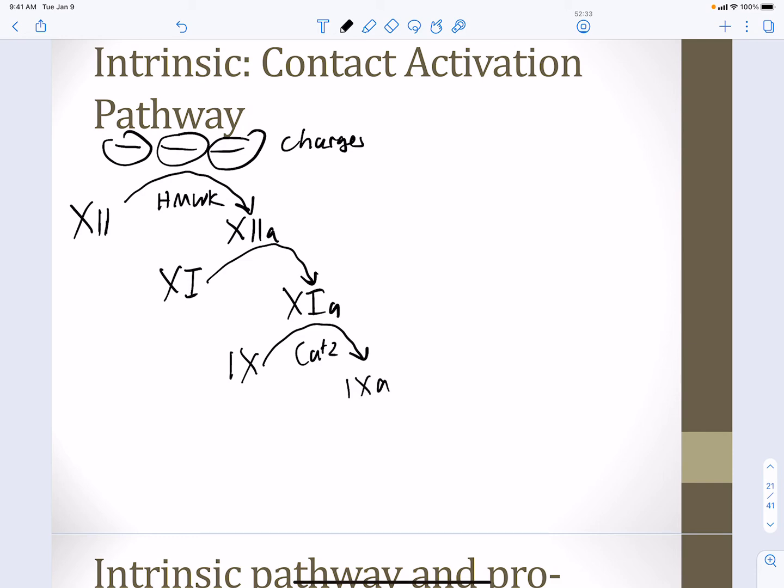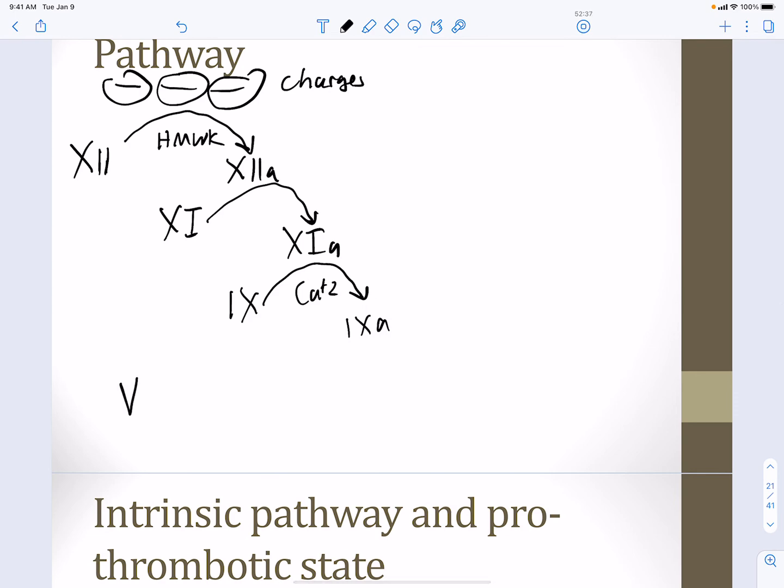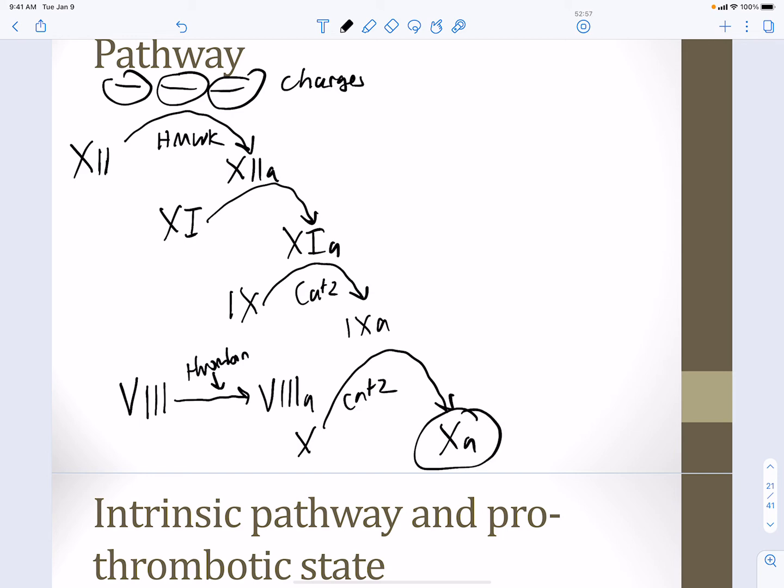And then this activated 9 is going to have the tenase complex. So we have our 8 with thrombin. Activated 8, so it goes to A, and then you have your 10 come in with calcium, and you get your activated 10.